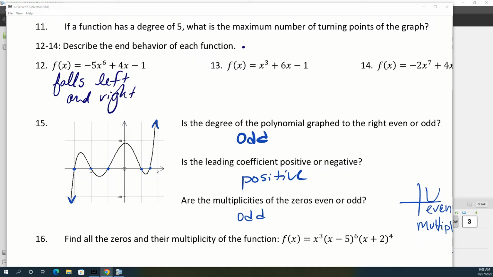So you might study the leading coefficient test. All right, what other questions do you guys have?